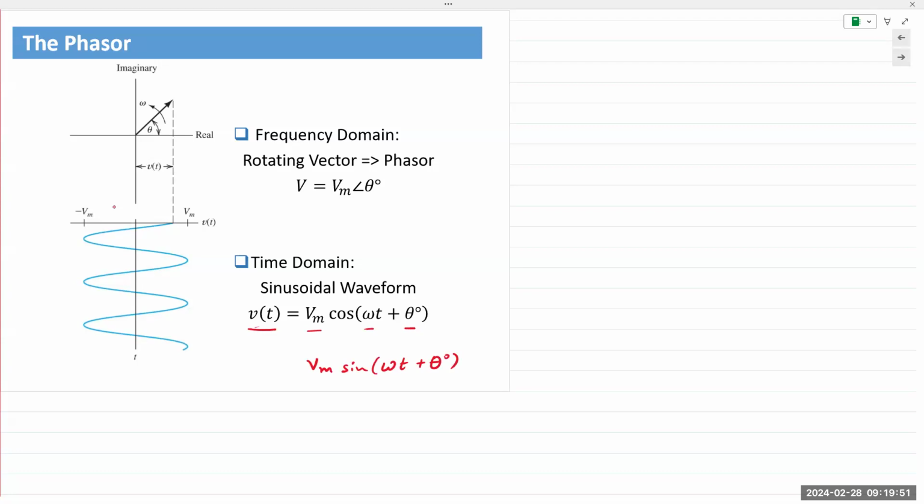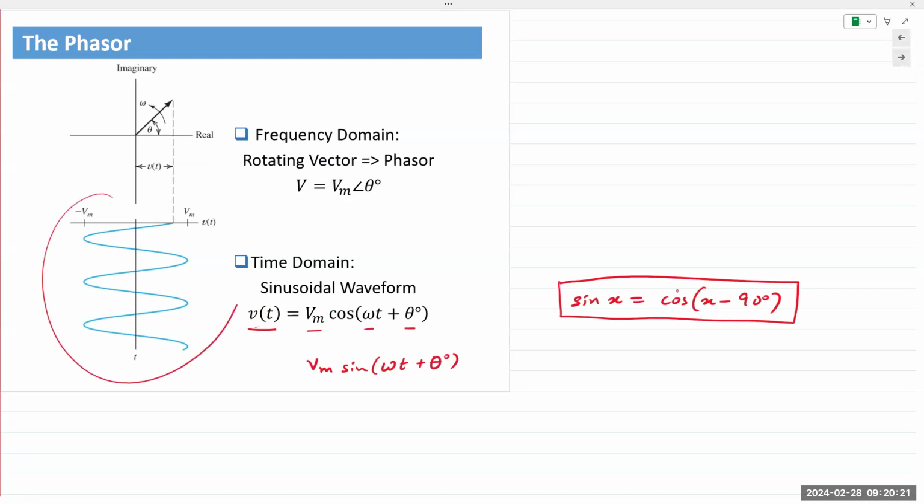The relationship between sine and cosine, of course, is sine x is equal to cos of x minus 90 in terms of degrees. And this is very important to remember. I'll come back to it in just a few seconds.